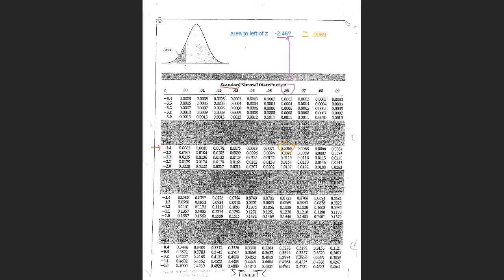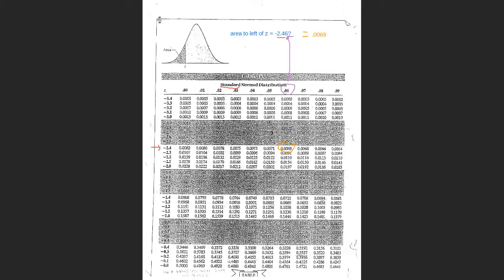So hopefully you can see what the table gives you. First of all, you have to know a z-score. It won't work with the data value. So first you have to convert data values to z-scores, and then the area to the left of a particular z-score is also the probability.